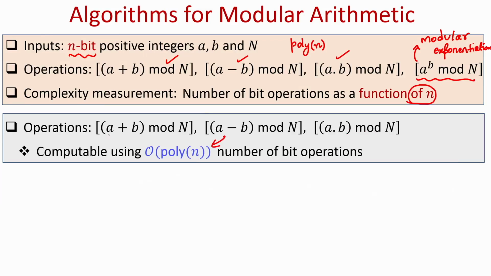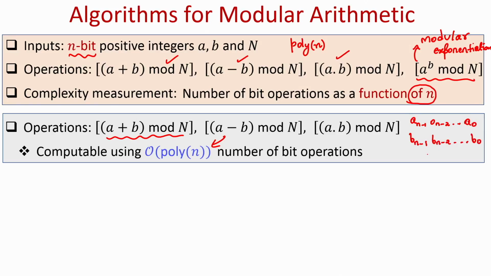So, for instance, if you want to perform a plus b modulo n, imagine that the bit representation of a is a n minus 1, a n minus 2 and up to a naught, and the bit representation of b is b n minus 1, b n minus 2 up to b naught.